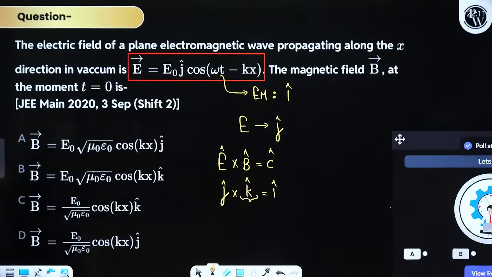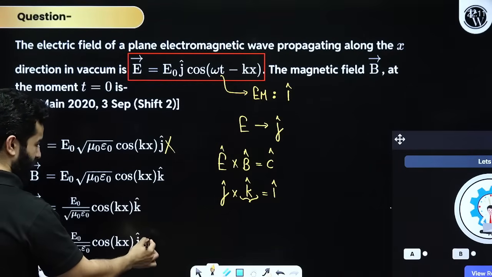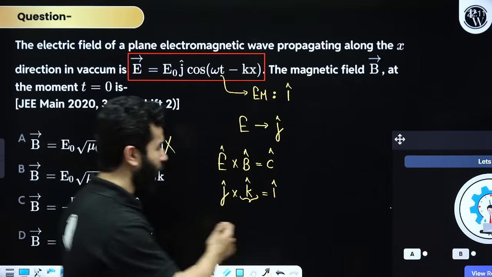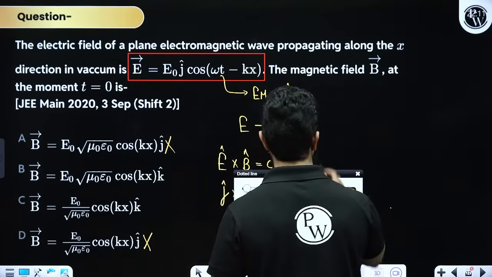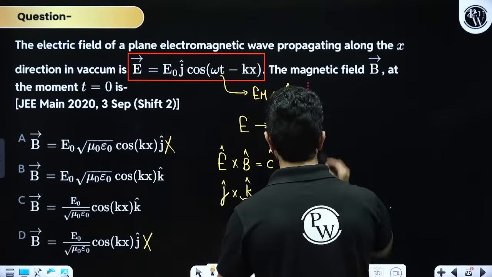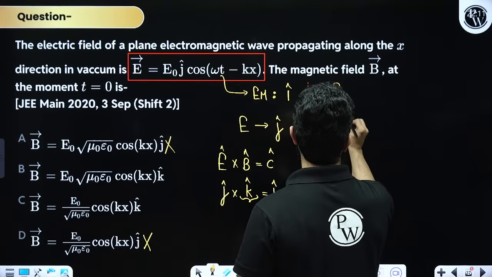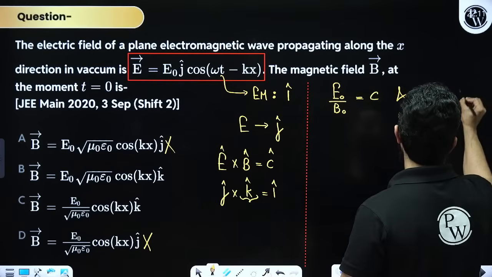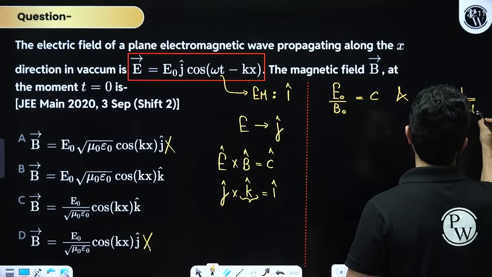So when you find the magnetic field, this is absolutely wrong, and this is absolutely wrong. Either it's going to be this or this. Now the next point: E naught divided by B naught is equal to C, and C is equal to 1 upon under root epsilon naught times mu naught.